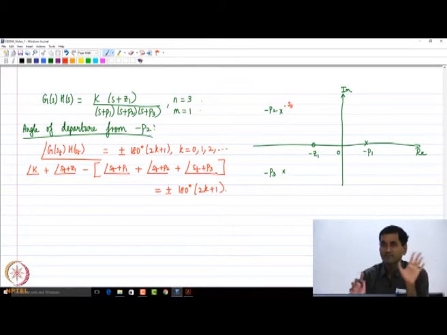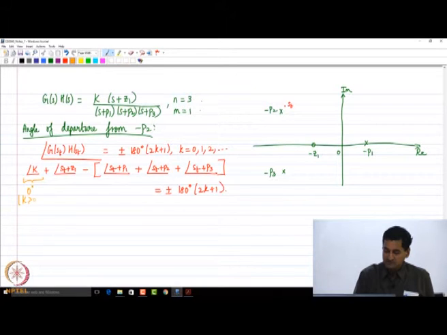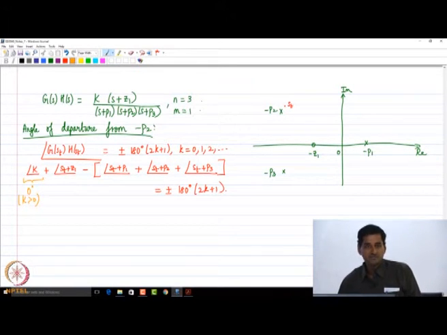This is something which we have already done, I am not doing anything new here. So, this term is already 0, because we are considering K to be positive, the phase of K is already 0.